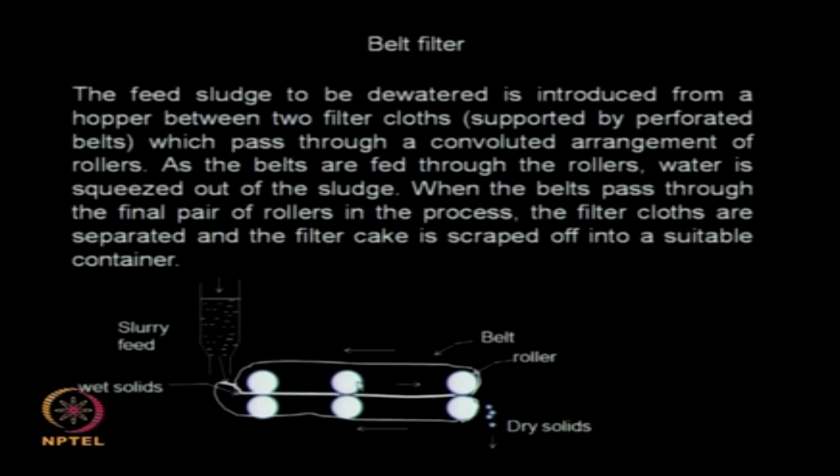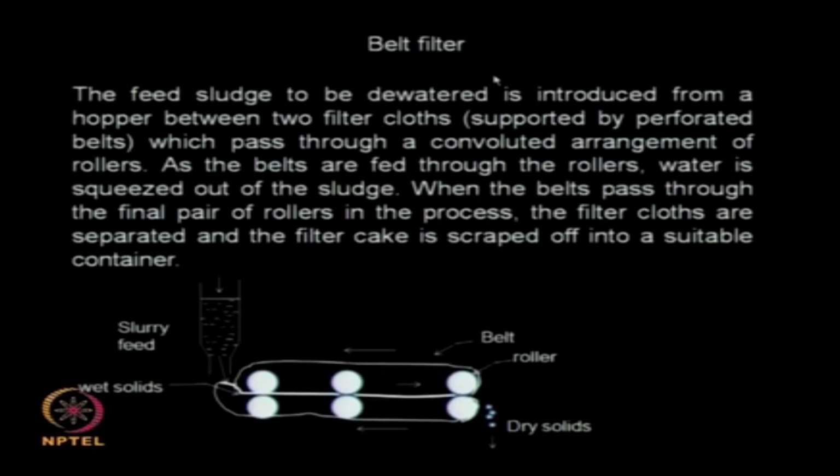As it moves, the two rollers compress your solids, so the water gets squeezed out and here you get dry solids. So this is the advantage of it, and it is useful for dewatering of wet paste and soft paste and compressible paste.